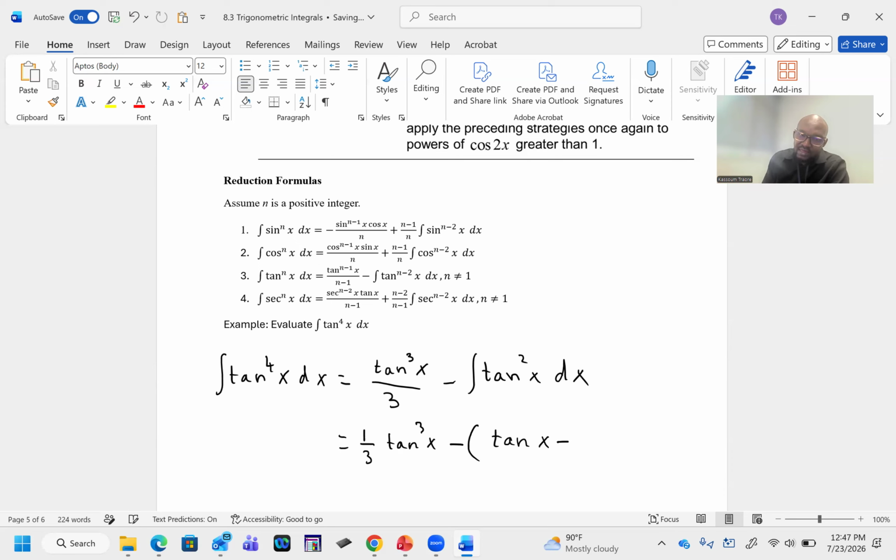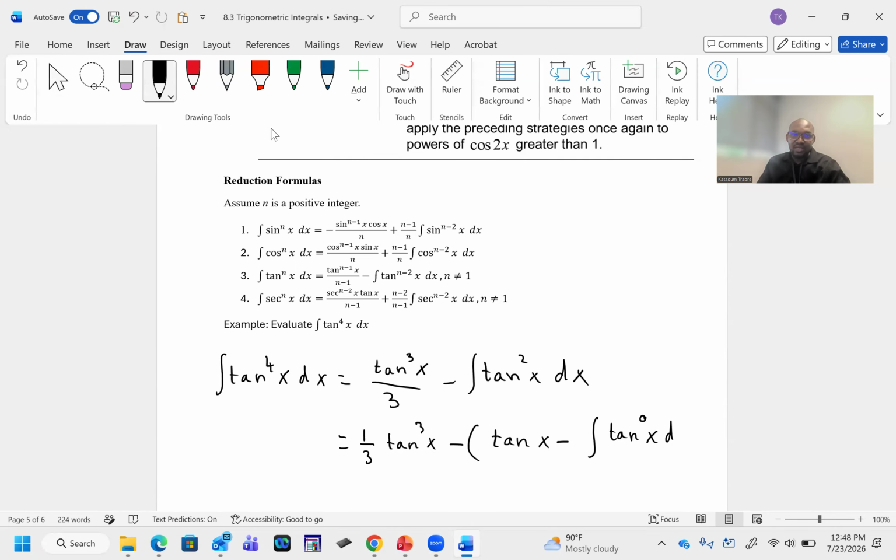Minus the integral of tangent to the power of n minus 2. My n is 2, 2 minus 2 is 0. So tangent to the power of 0 x dx. And you know anything to the power of 0 is what? 1, right? What is the antiderivative of 1? x. Good job.